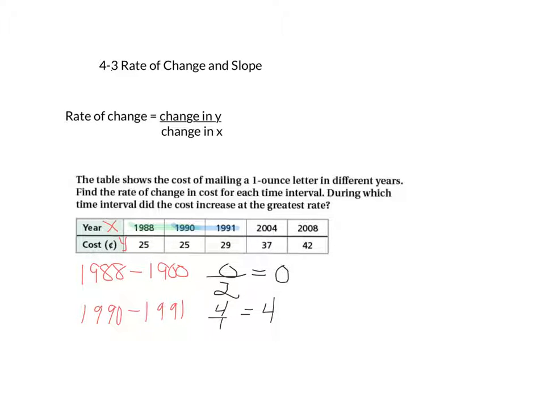Okay, my next two intervals, I'll highlight those in yellow, from 1991 to 2004. From 29 to 37 is 8 over 1991 to 2004 is 13. 8 over 13, which is about 0.62.